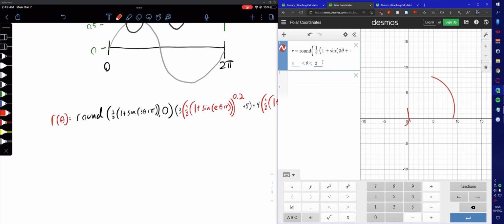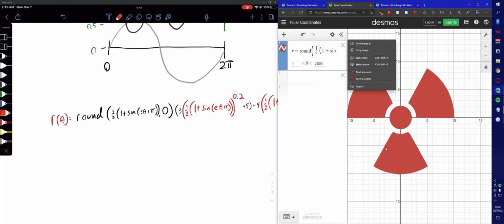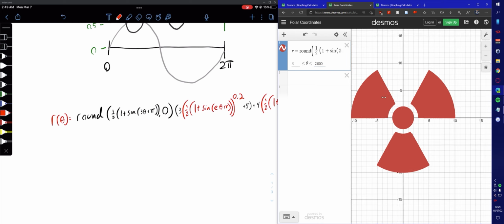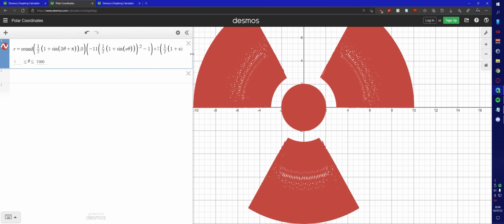And this is how much of it is wrapping. So if we have nothing, it doesn't do much. And as soon as we crank up that number, there you go. Can I see the entire equation?